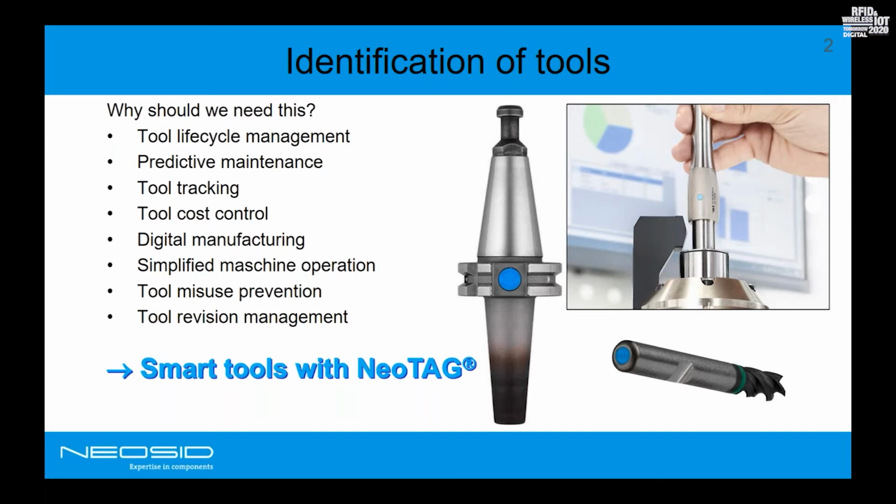There's no confusion if the right tool is used to do a dedicated process, and you can prevent tool misuse, and you can also do tool management in the revision process. So altogether, you can use the RFID transponders in mechanical tools for smart tool operation.